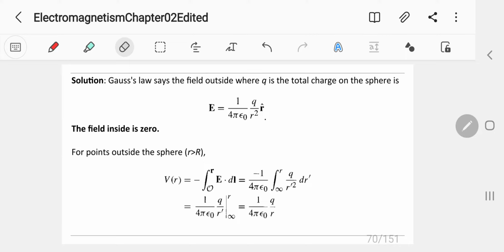So if you draw a Gaussian surface outside enclosing the sphere with charge, then you can enclose a charge and that would give you an electric field. But inside the sphere, you will never enclose a charge. So the electric field inside that sphere is 0. Outside would be not 0. So for points outside the sphere, you will have this one.